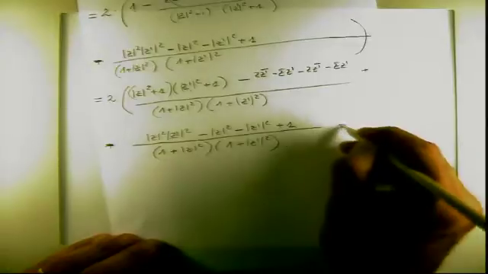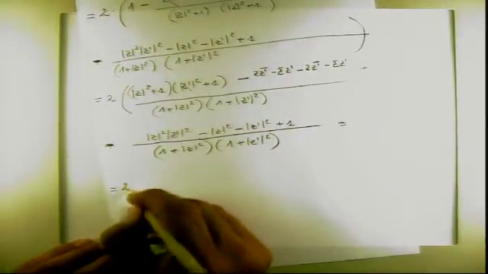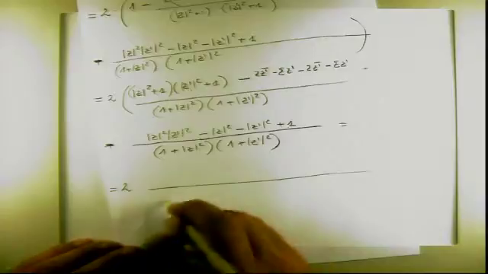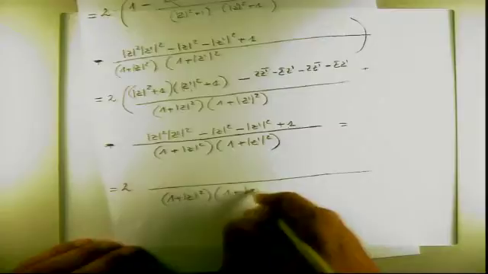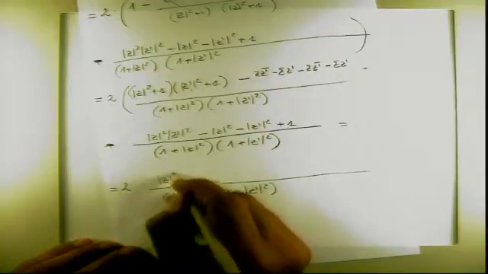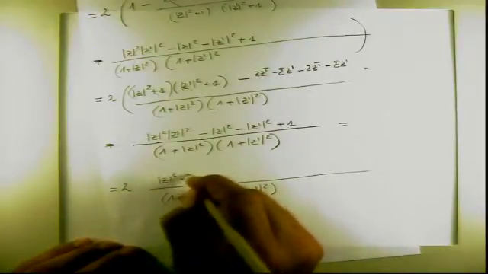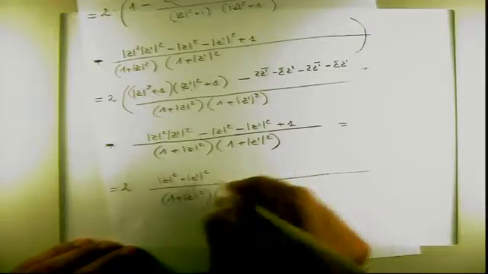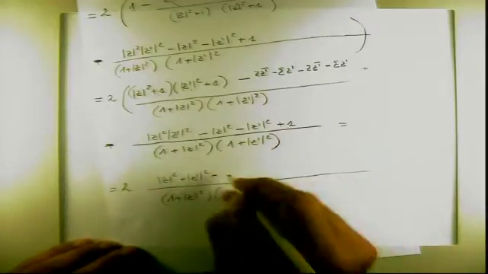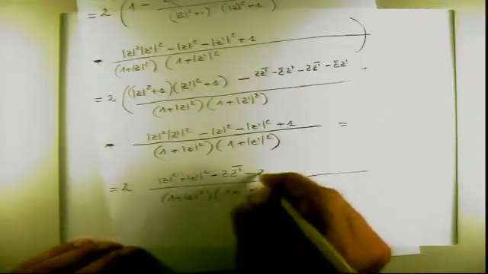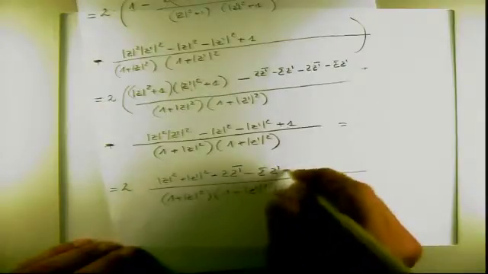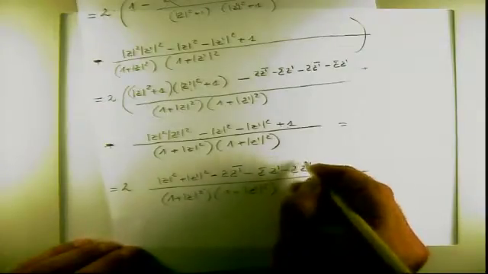So the final expression after some efforts should be this, okay? Modulus of z squared plus modulus of z prime squared minus z prime bar minus z bar z prime minus z prime.